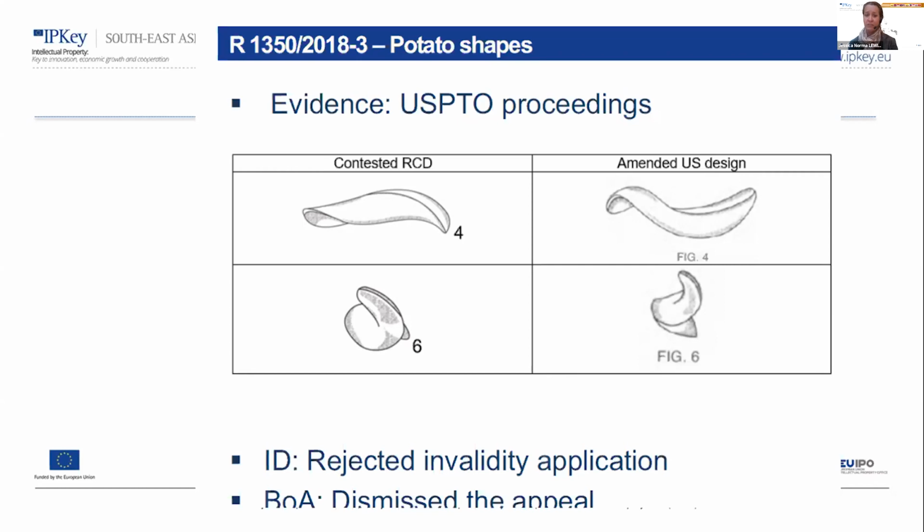So we rejected the invalidity application. It's interesting because we are not that strict that we are going to analyze with a loupe all the different representations. If the global appearance makes sense and it looks like it is the same product, it will be fine.